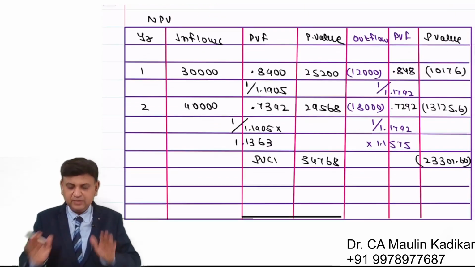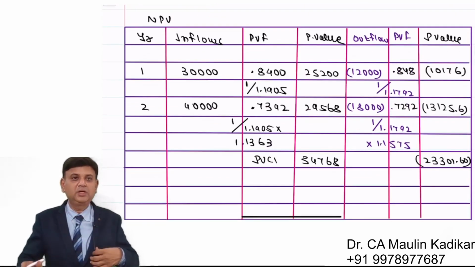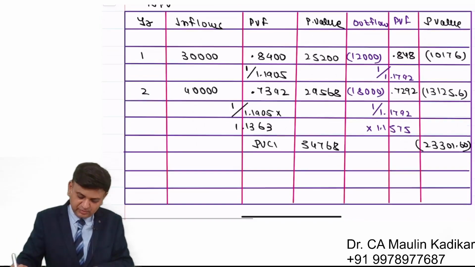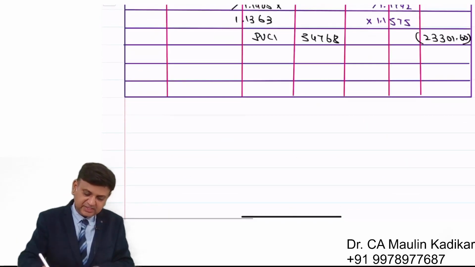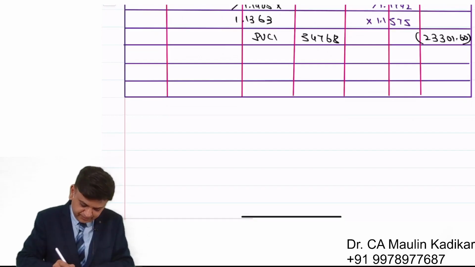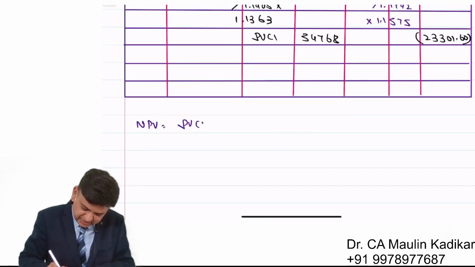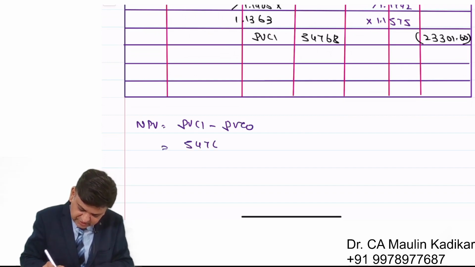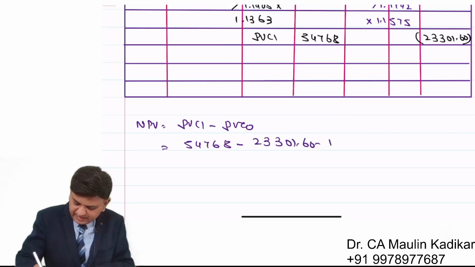So this is the way the present value of the cash inflow and present value of the cash outflow will be found. The final answer would be NPV. As far as NPV is concerned, present value of cash inflow minus present value of cash outflow. 54,768 minus 23,301.6 minus 10,000.